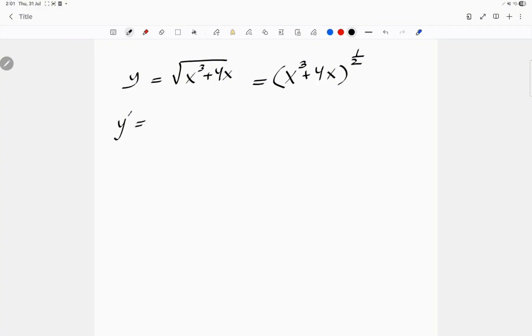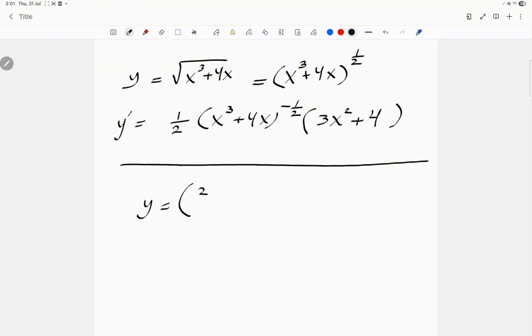Now power rule first. So half (x cubed plus 4x) to the power of negative half times the derivative of the inside, which is 3x squared plus 4. That's it? Yeah. I was correct. Really? Wow. Let's do another one.